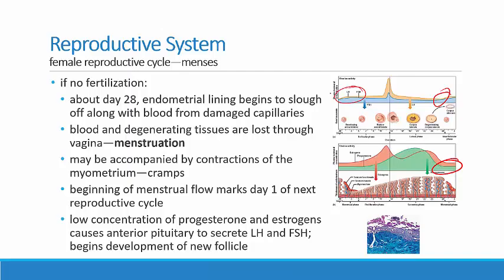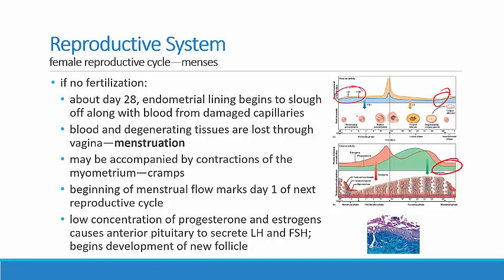Alright, so there is a connection between both the ovarian cycle of the production of estrogen and progesterone and its results at the uterus and the uterine cycle.